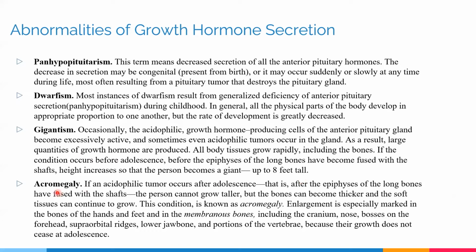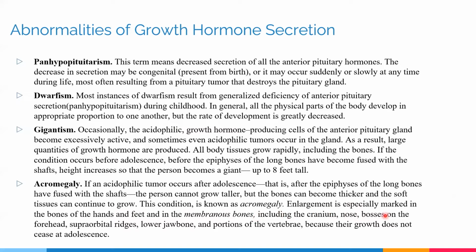Next, we look into acromegaly. If an acidophilic tumor occurs after adolescence, that is, after the epiphyses of the long bones have fused with the shafts, the person cannot grow taller, but the bones can become thicker and the soft tissues can continue to grow. This condition is known as acromegaly.